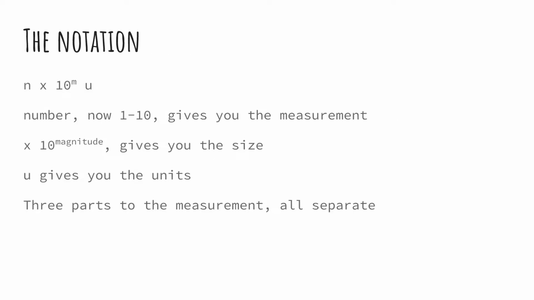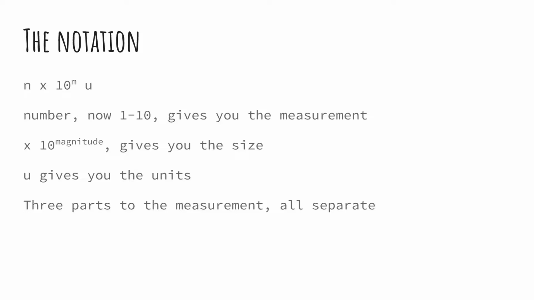So there it is. Number, magnitude, unit. All 3 portions. And now, instead of some weird number, it could be ones, tens, hundreds, thousands, whatever, we have a number between 1 and 10. People really like that. That is a really convenient thing to always have. And that's your measurement. And then you have your magnitude that tells you the size. Is it a big number? Is it a small number? Is it a really big number or a really small number?